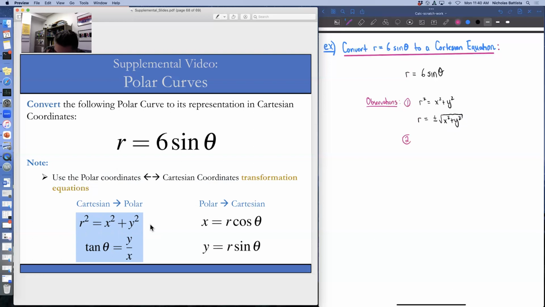The second thing I want us to observe is, well, what happens if we just have sines and cosines? So we can always take sine of theta or cosine of theta and rewrite it in terms of x, y, and r.